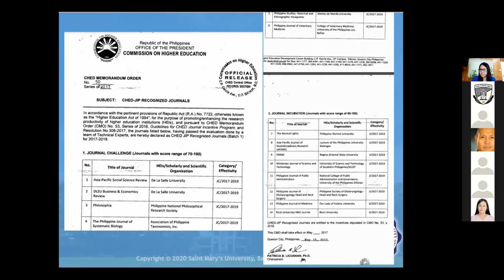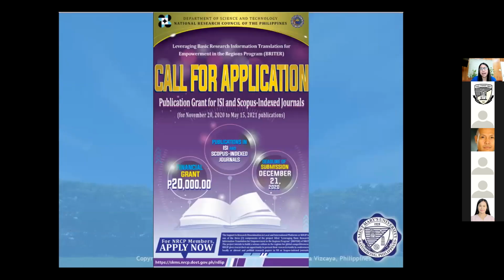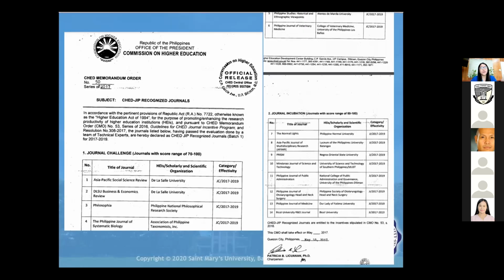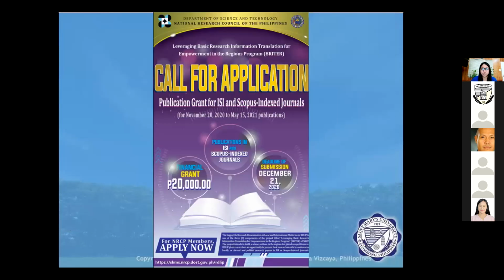This is until 2017 to 2019. After that, there are no more other journals being published by CHED, or rather a memorandum that states the updated list of their recognized journals. So they also have to put an end. The reason why, I do not know. So if we will stick to the CHED, we might consider this list as reputable journals.